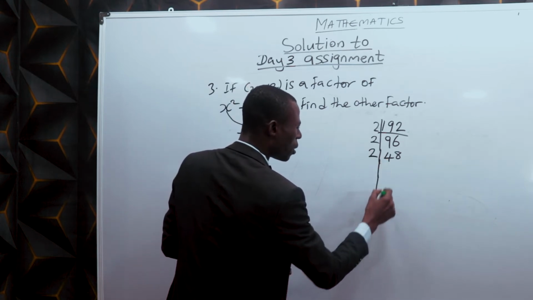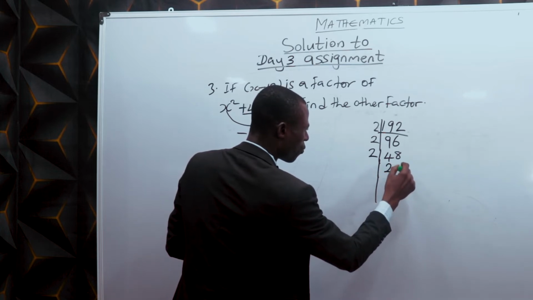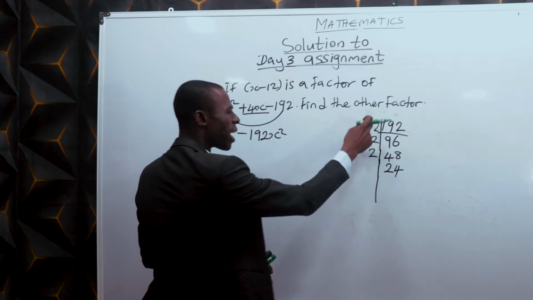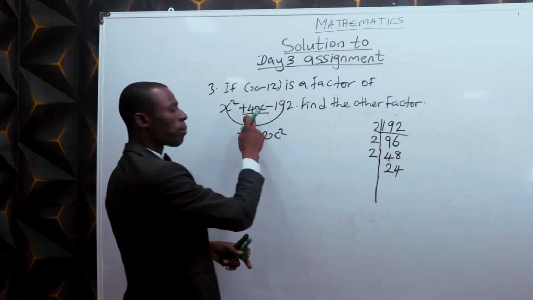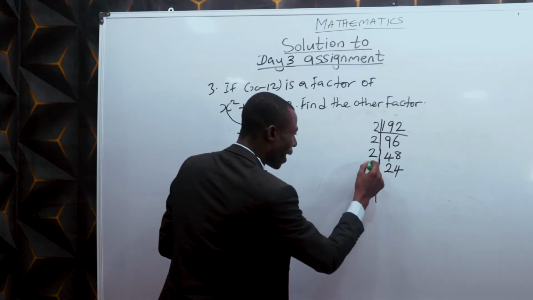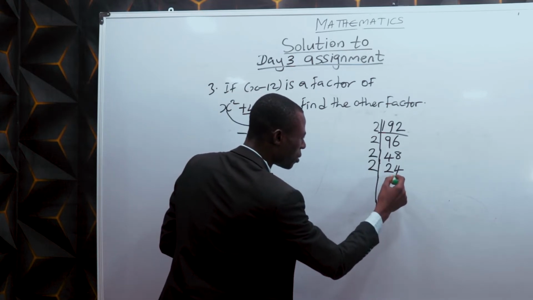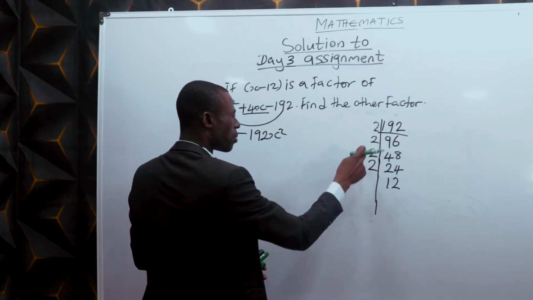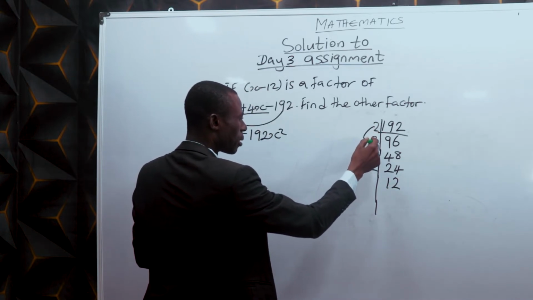Go ahead. 2 times 2 times 2 is 8. Can 8 and 24 give us positive 4 by addition or by subtraction? No. So go ahead. 2 in 24, that's 12. So 2 times 2 times 2 times 2, that's 16.